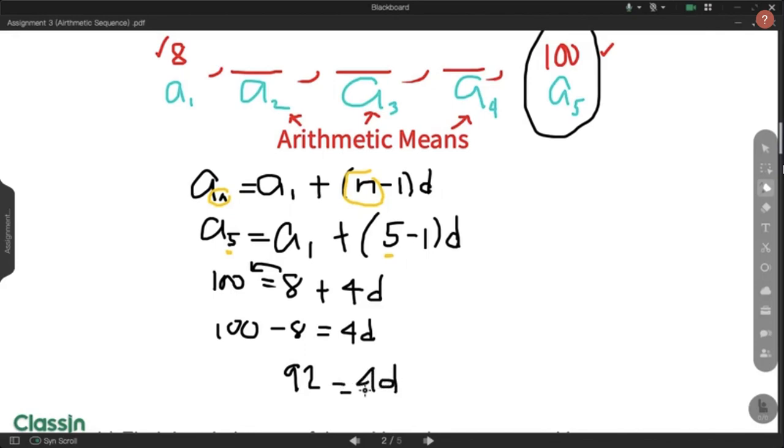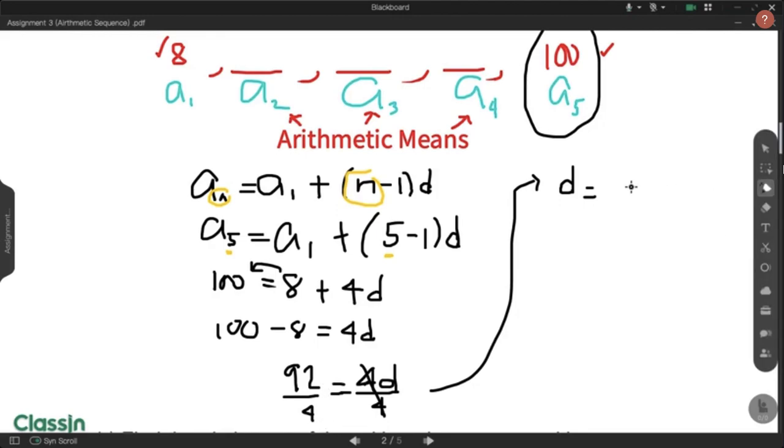You can multiply each side of the equation by 1/4, or you can simply divide each side of the equation by 4, so we can cancel it. And what's left will be d is equal to, what is 92 divided by 4? That's 23. d is equal to 23.